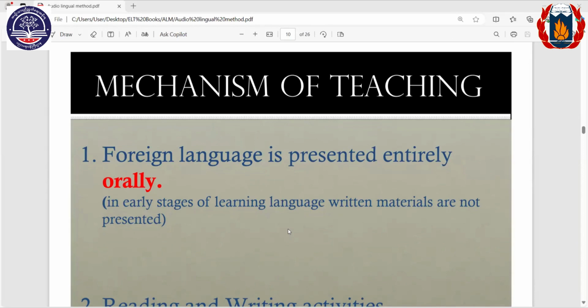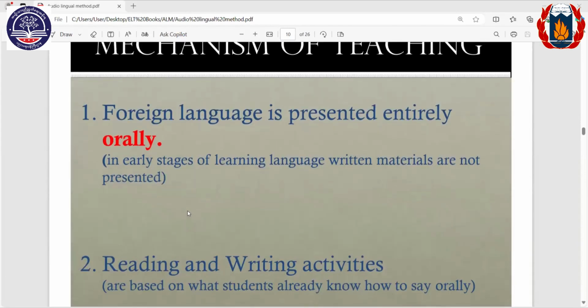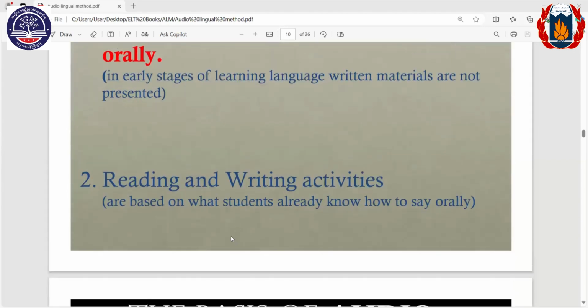Here, the reading materials are not presented in the first stage. So it should be presented orally. At the time, student needs to listen to what the teacher stated or what the teacher said. And reading and writing activities follow later based on their previous learning.